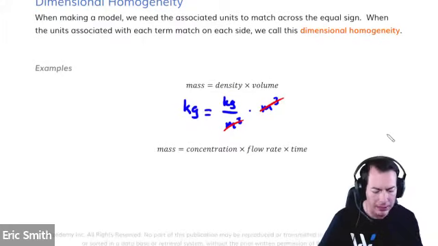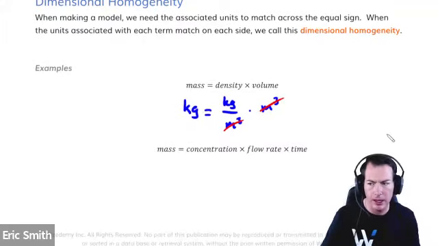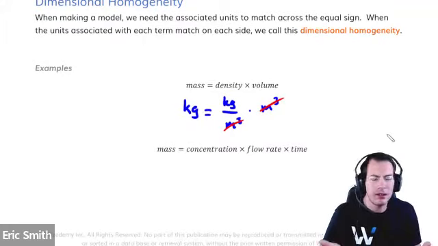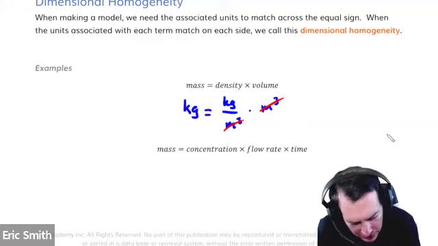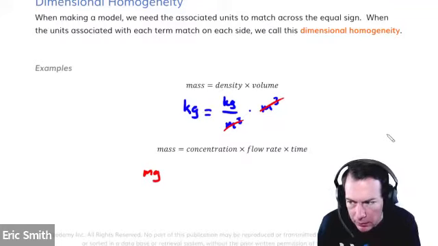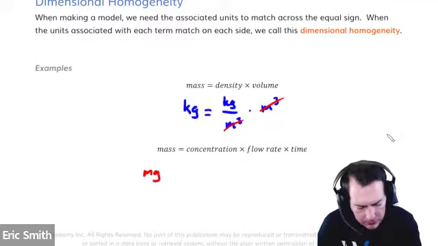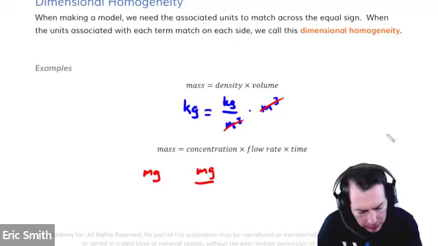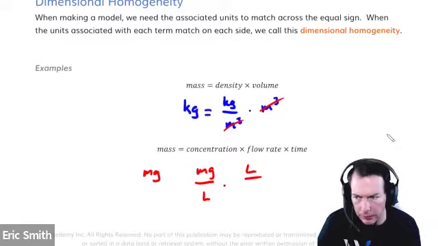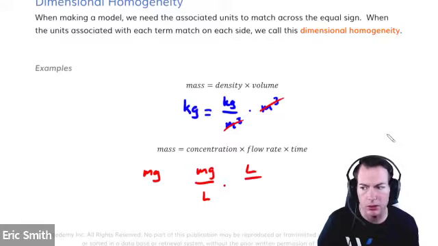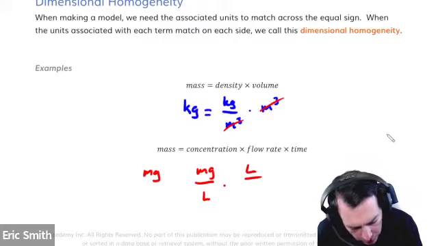All right, let's try another one of these. This one is mass equals concentration times flow rate times time. Again, is this balanced? Is this not balanced? I don't know. Let's figure it out. So mass, maybe we'll measure this in milligrams. We have a concentration, which would be in milligrams per liter. A flow, let's say in liters per minute or liters per hour, some sort of flow rate.